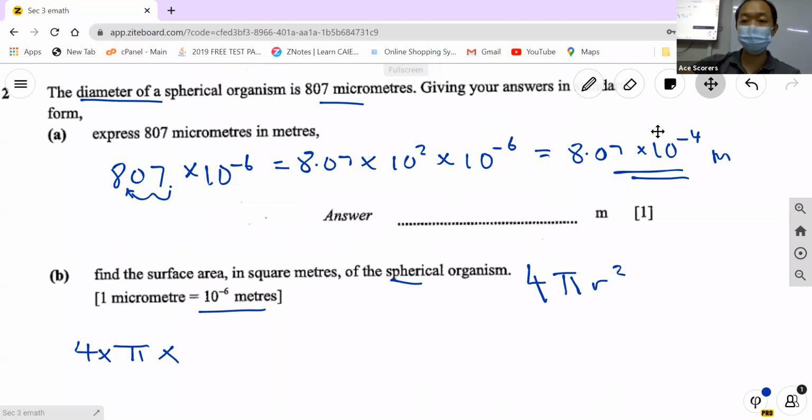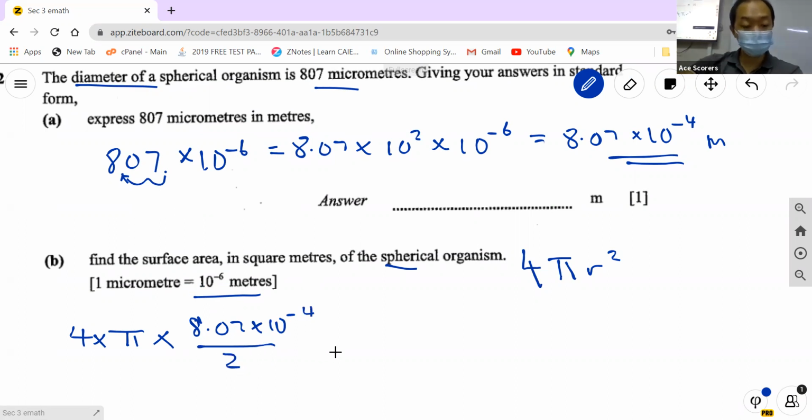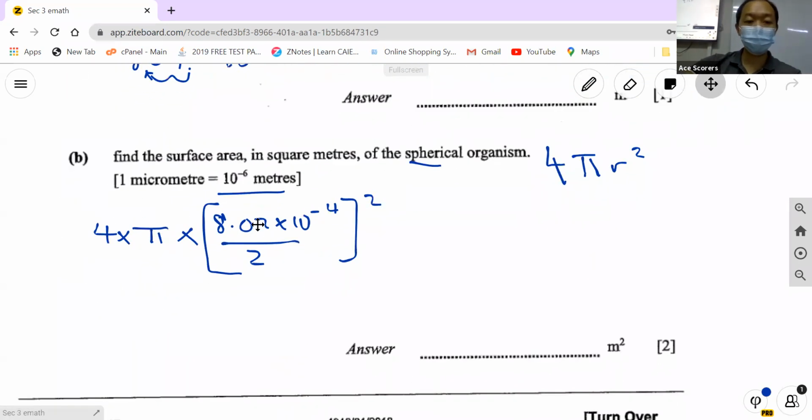We only have this number, which is the diameter, so we need to divide by 2: 8.07 times 10 to the power negative 4 divided by 2, and this thing is squared. All this you can key into your calculator, 4 pi r squared. You can use the calculator pi.